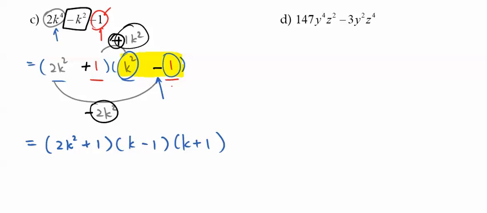There are also times when they give us expressions that carry a GCF at the beginning. When you look at the next example here, we have 147, we have 3 in these two terms. Both of them are divisible by 3. I can take it out as a GCF.